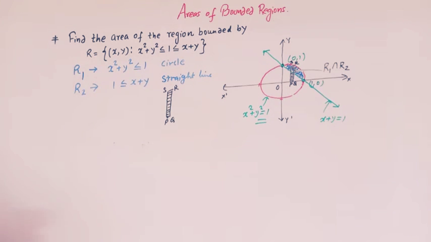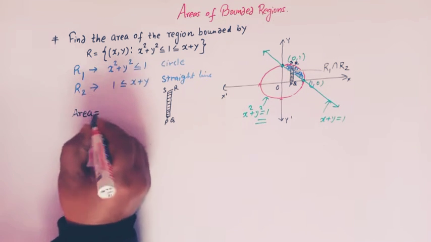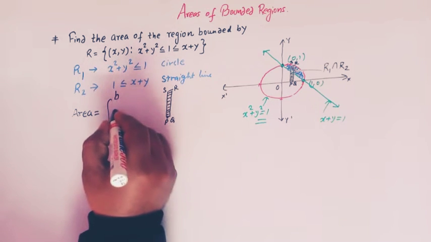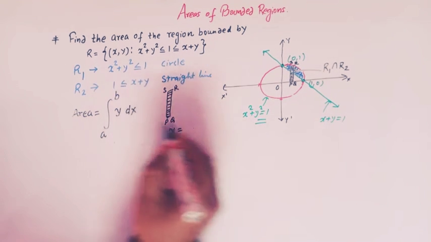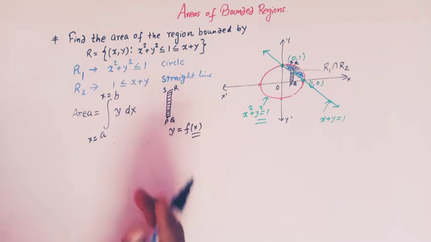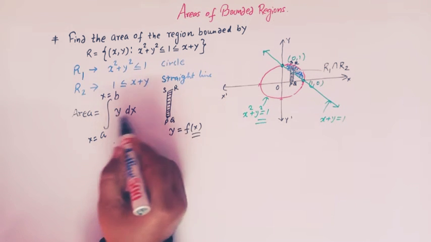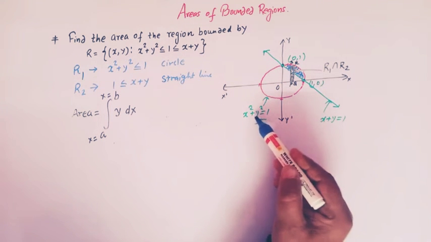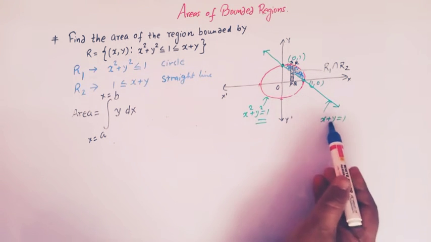So from the theory of definite integrals, we know that the area is given by the integral from a to b of y dx, where y is the function f of x, and these are the two limits between which we have to find the integral of y dx.